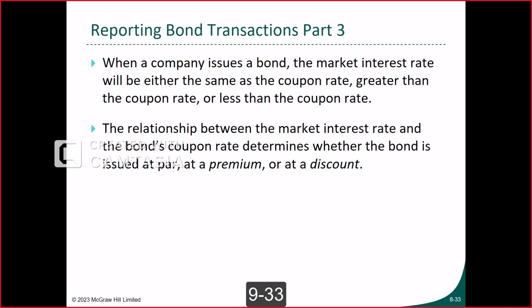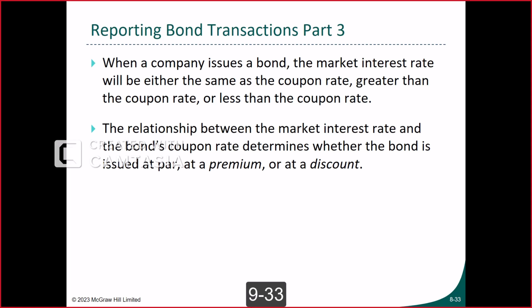And from the day the lawyers decide what would be the coupon rate at the day of the issuance until the day the bonds are really issued, many things may happen affecting the supply and demand that makes the effective rate or the market rate sometimes slightly different, slightly higher or lower than the coupon rate. So issuance at par almost doesn't exist in reality. It exists in theory only.